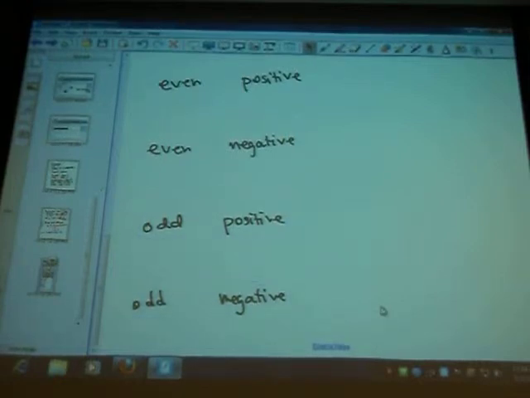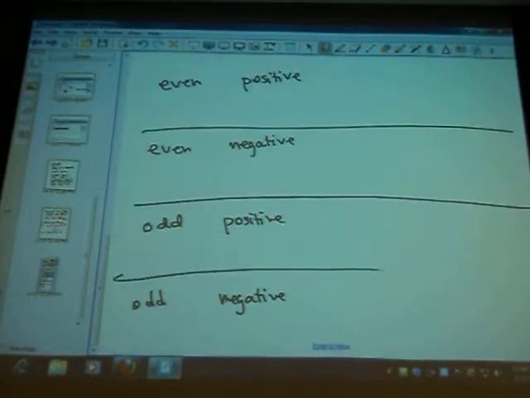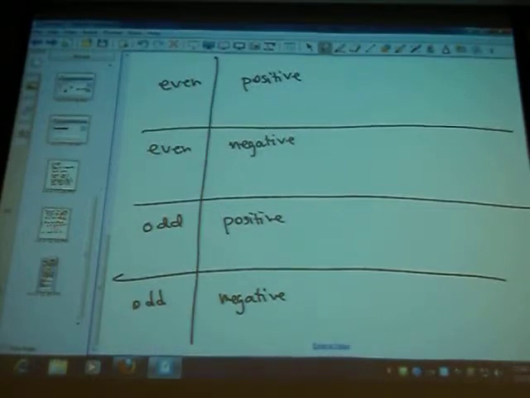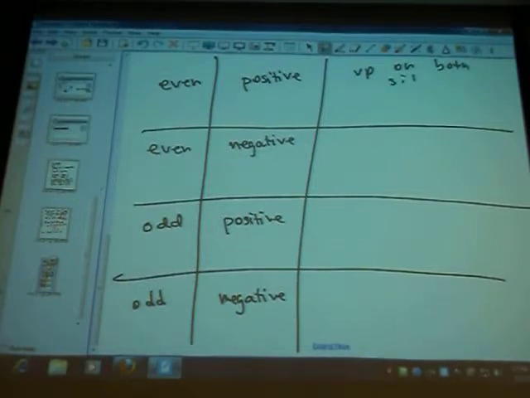Okay, so let's make ourselves a little table here. Okay, even and positive, you're going to go up on both sides, like a concave up parabola.